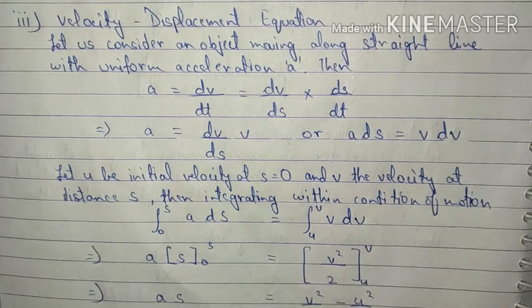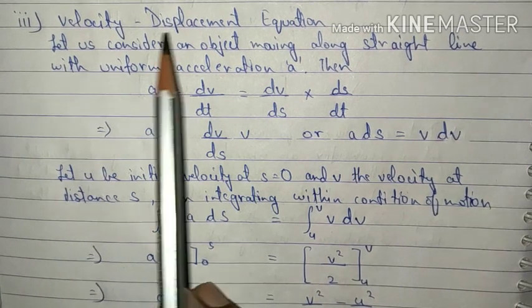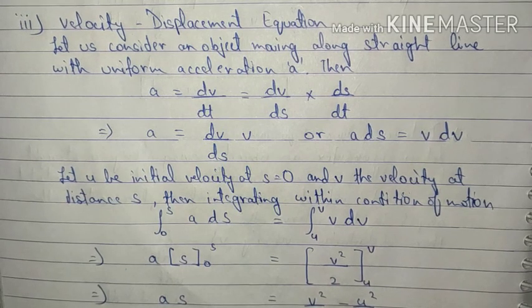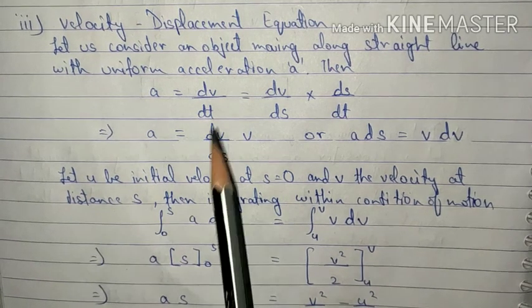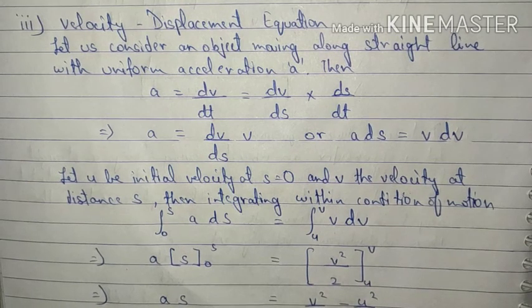Let's move on to the third equation of motion, which is also known as velocity displacement equation. Let us consider an object moving along straight line with uniform acceleration a. Then a can be written as dv upon dt.